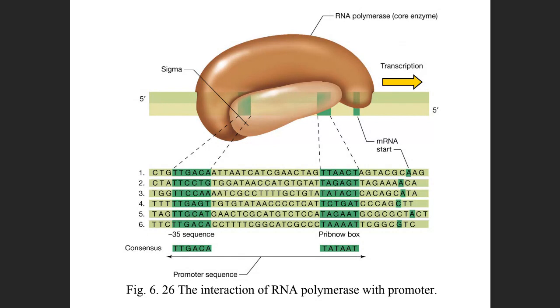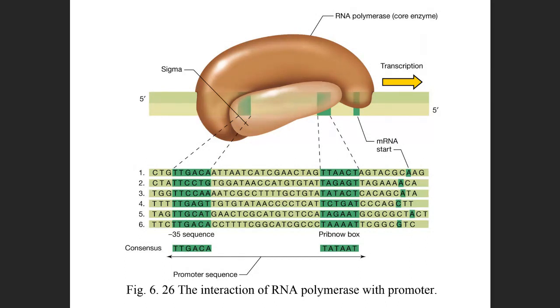But the majority of people are like me. I need both hands. If I only get one, I'll fall off. Okay, so the sigma factor recognizes the promoter by binding to a specific sequence. If a promoter doesn't have a sequence that's recognized by the sigma factor, then it will not bind.